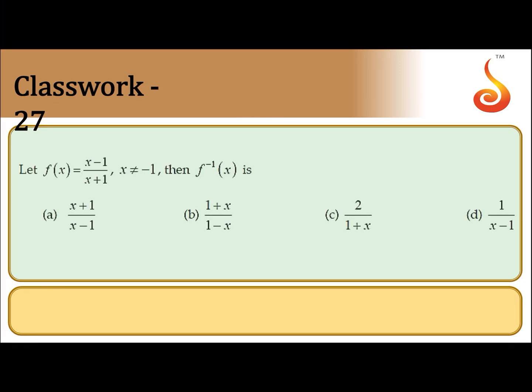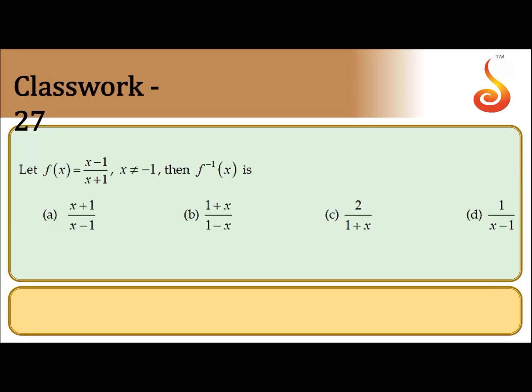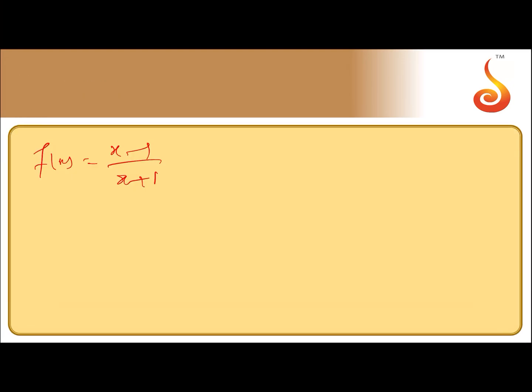Right? Coming to the next one. If f of x equals x minus 1 by x plus 1, then what is the inverse of the function? So f of x is equal to x minus 1 divided by x plus 1. To evaluate the inverse of the function, let me equate it to y and express x in terms of y. So that gives you x minus 1 is equal to xy plus y. x multiplied by 1 minus y is equal to 1 plus y.